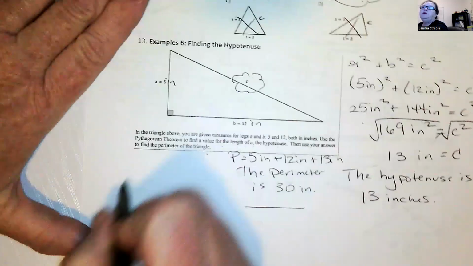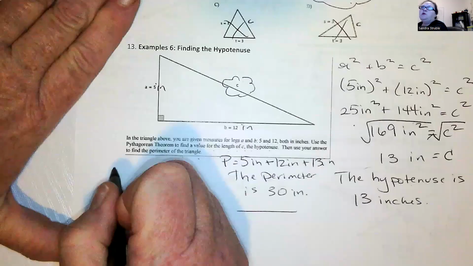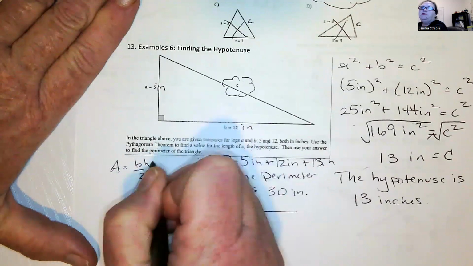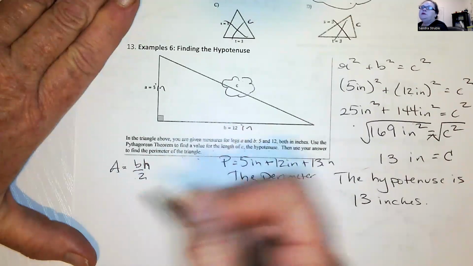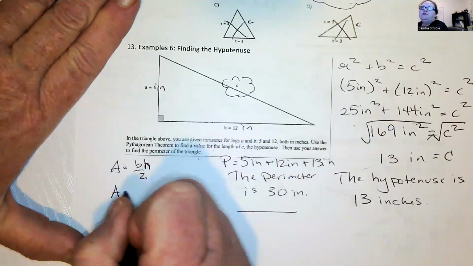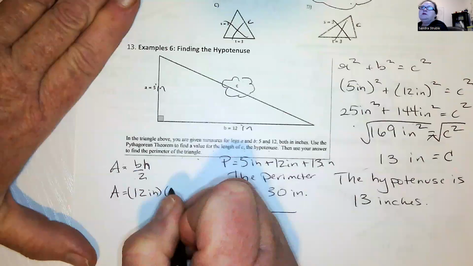All right, the last one, because I'm going to ask you to do it on the test, is tell me what the area is. And the area for a right triangle, for any triangle, is base times height divided by 2. Please feel free to use one of the other two if you prefer 0.5 times base times height. It's totally your call. My base is 12 inches and my height is 5 inches.